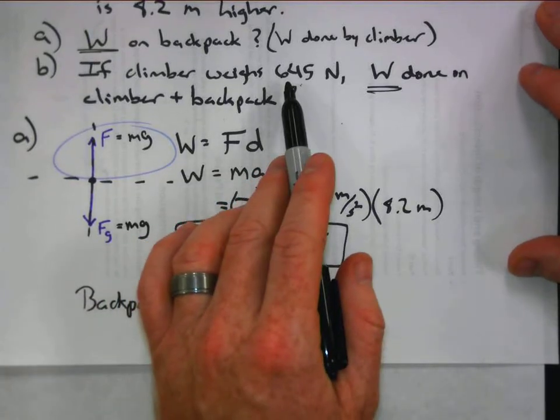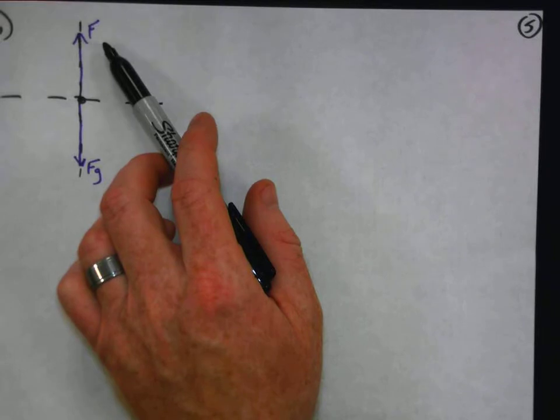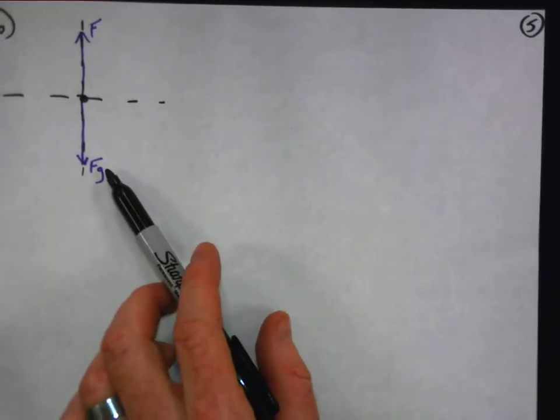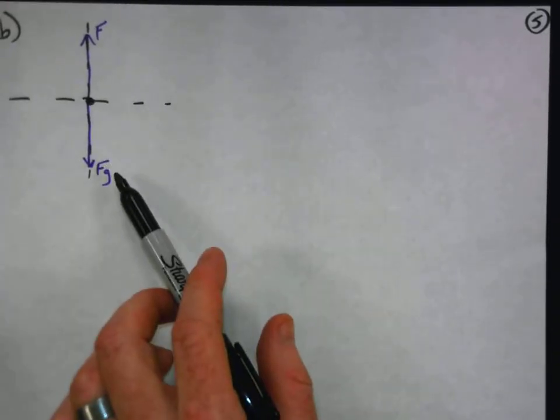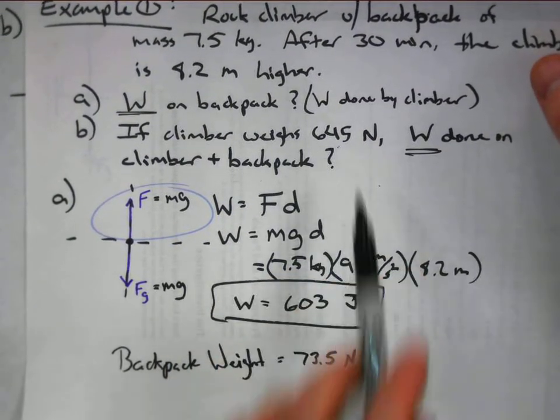So here's the deal. I need to figure out the force acting on the climber plus the backpack. It'll be equal to that weight downward, which is the weight of the climber plus the weight of the backpack. Those two weights combined.